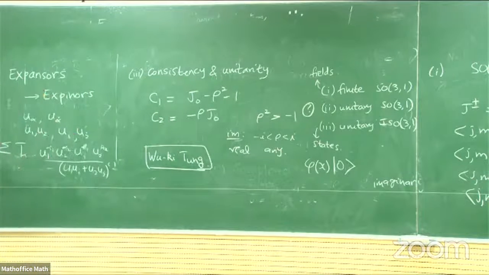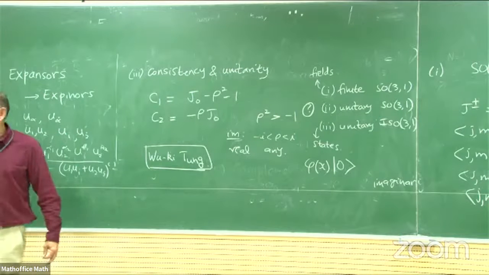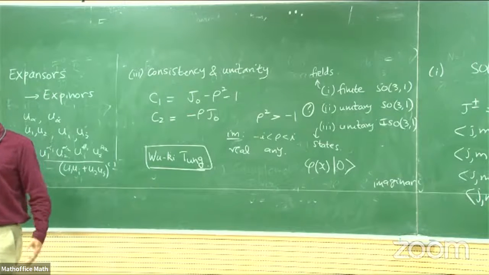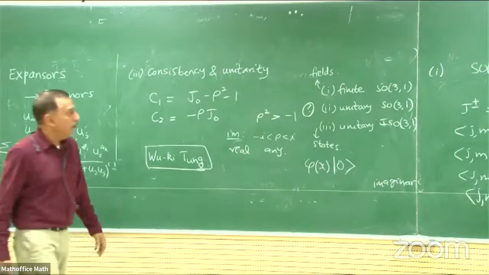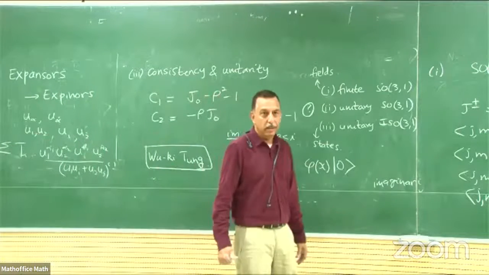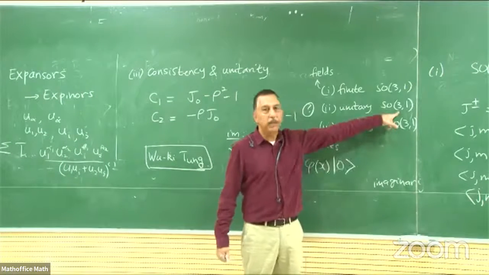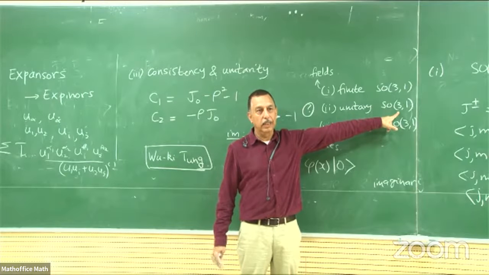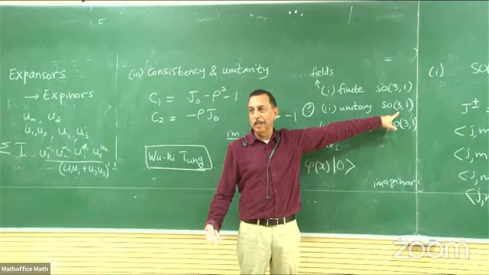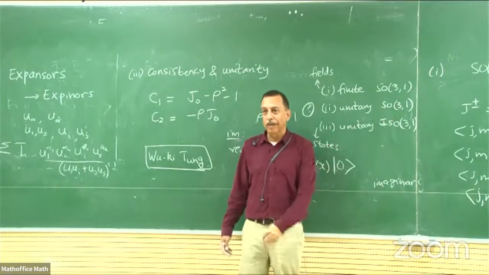These are not useful. They have not been useful so far. However, there is one observation I can make, which is that if I have de Sitter space in 2 plus 1 dimensions, then its symmetry group is SO(3,1). If I have de Sitter space in 3 plus 1 dimensions, then its group is SO(4,1).